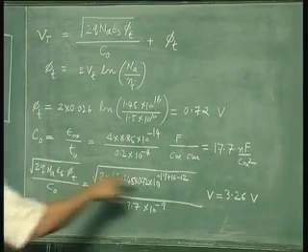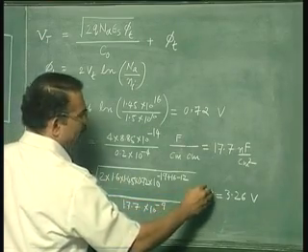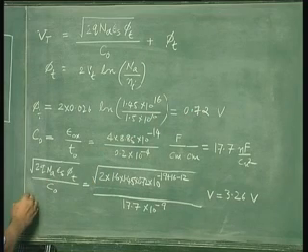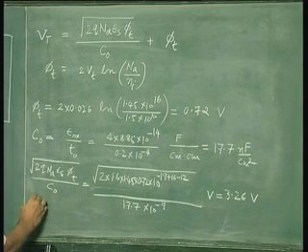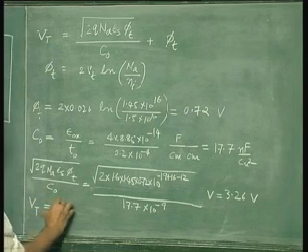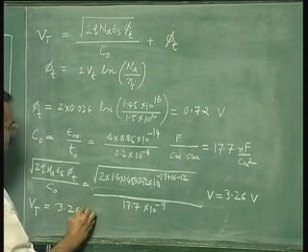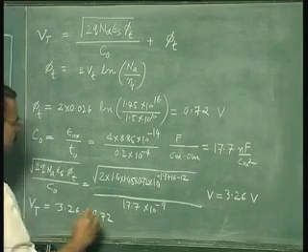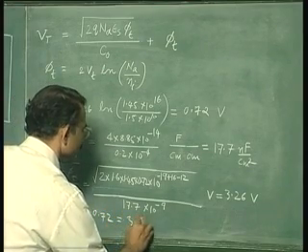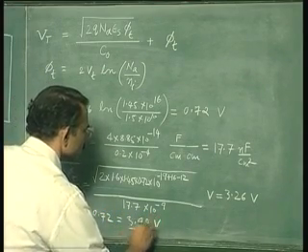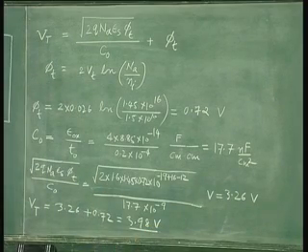So now you sum up 3.26 volts and 0.72 volts, and you get Vt equal to 3.26 plus 0.72, that is 3.98 volts, that is about 4 volts.